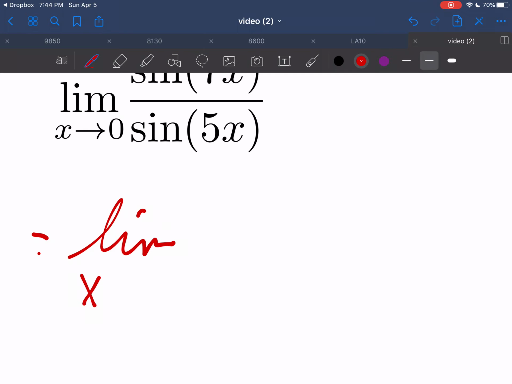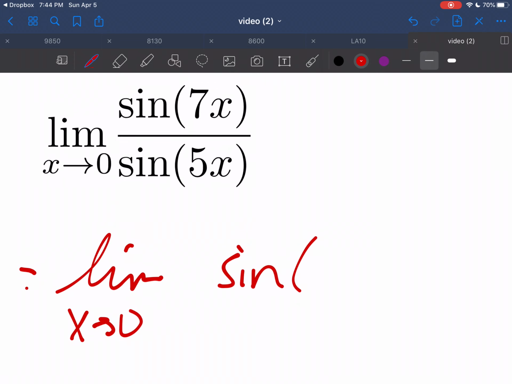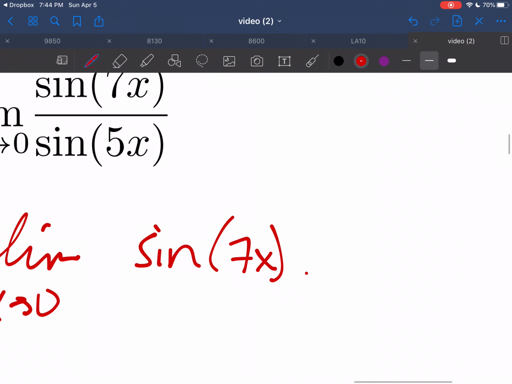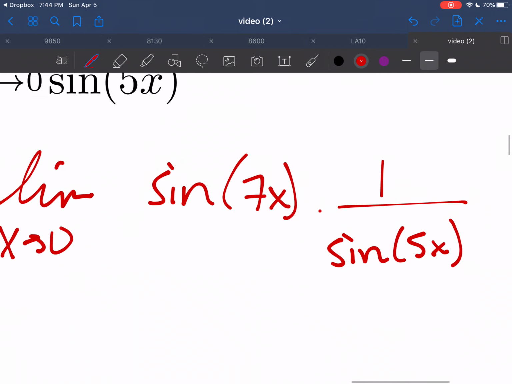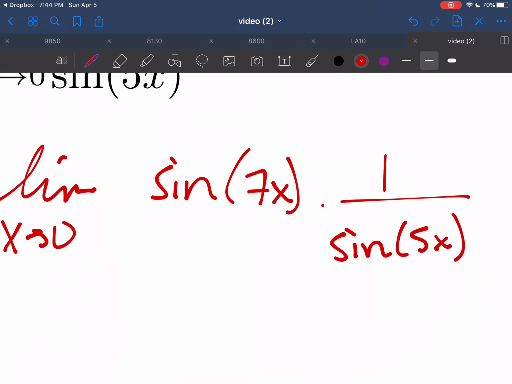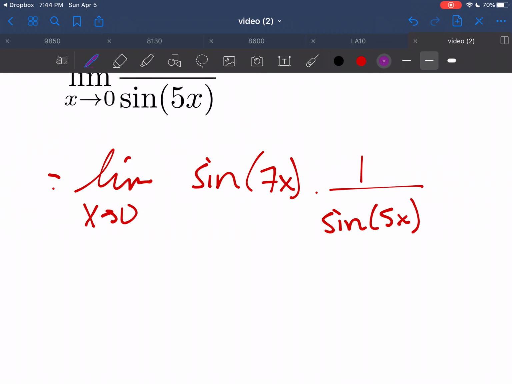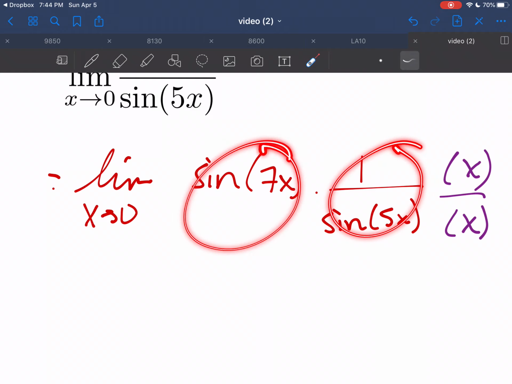So the limit as x approaches 0 of sine of 7x times 1 over sine of 5x. Okay, and then I can multiply the whole thing by x over x, because we need an x for a numerator for this piece, and we need an x for a denominator of this piece.